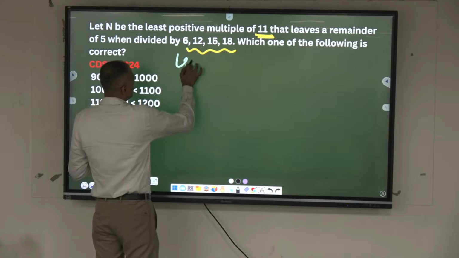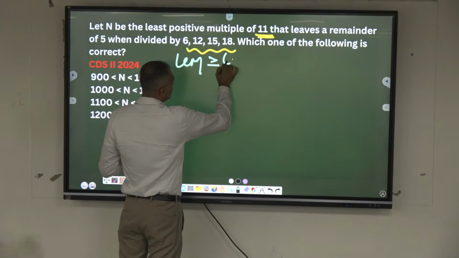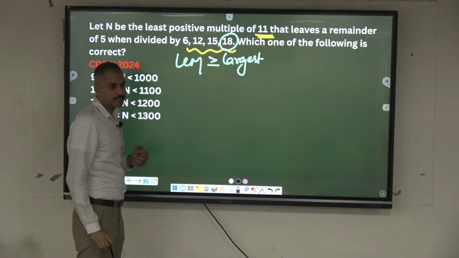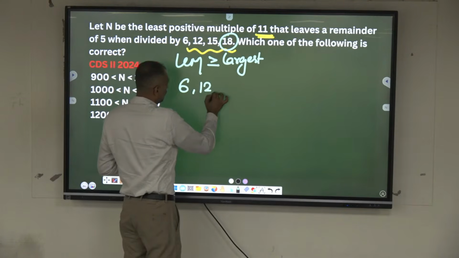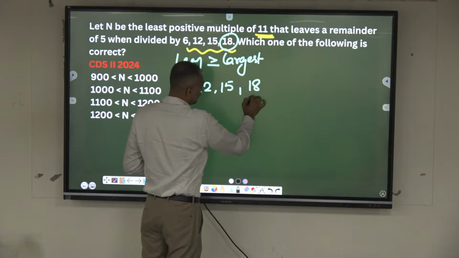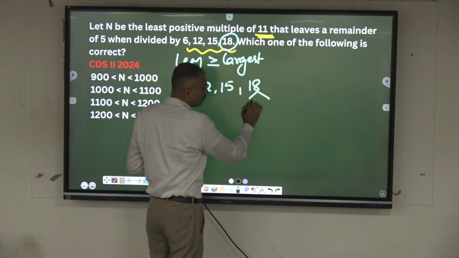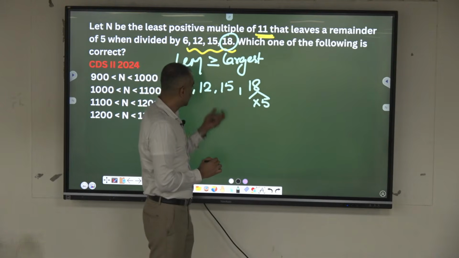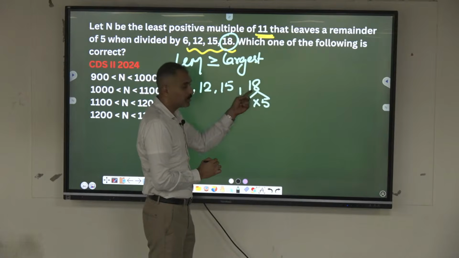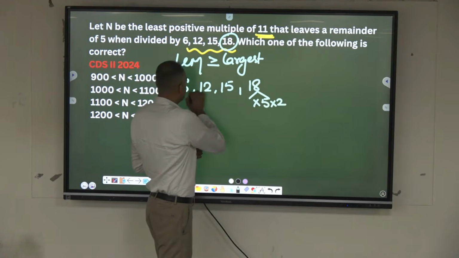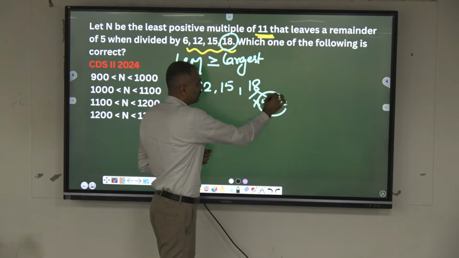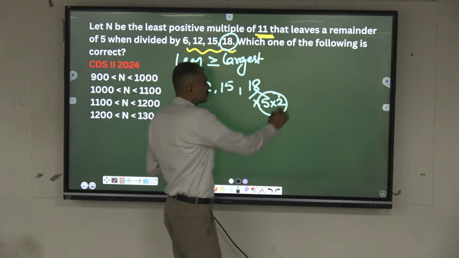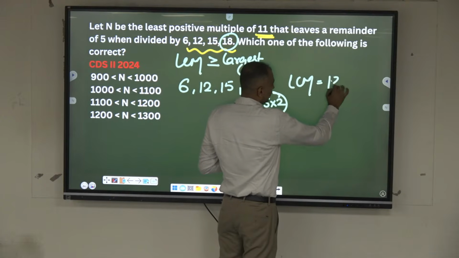LCM has to be greater than or equal to the largest number. Remember, LCM has to be a multiple of this 18. 6, 12, 15 and 18. Remember the techniques here. What are the factors here? 3 into 3 into 2. When I compare with 15, we don't have 5 here. That's why I multiply by 5. There are two 2's in 12; here only one 2. 6 is already inside this one. So what has to be multiplied? 10 is the minimum value to be multiplied to this maximum number. So the LCM is equal to 180.